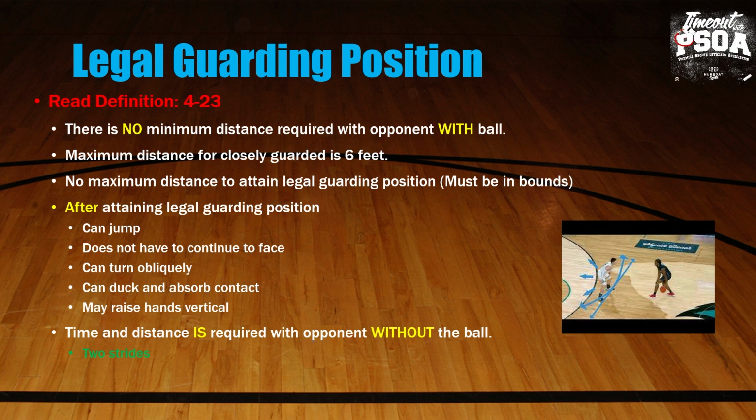That is illegal guarding position. Without the ball, you have to give that opponent at least 2 strides to gain and have legal guarding position. All right, so very important rule to understand: what is legal and illegal, what can the defense and defense not do.